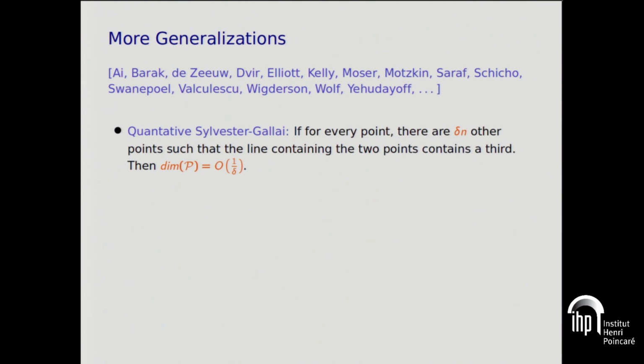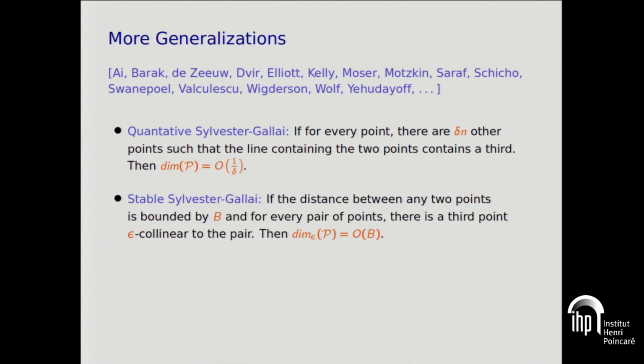Right. There's another version which is called the stable Sylvester-Gallai. It doesn't have anything to do with model theoretic stability, but what this is saying is, now you can think of tubes. So instead of lines, for every point, I look at every other point, and there's a third point that's almost collinear with this.